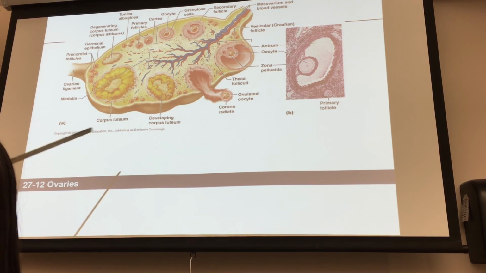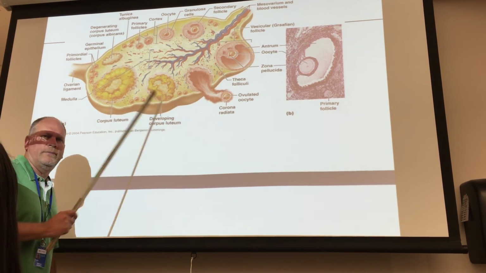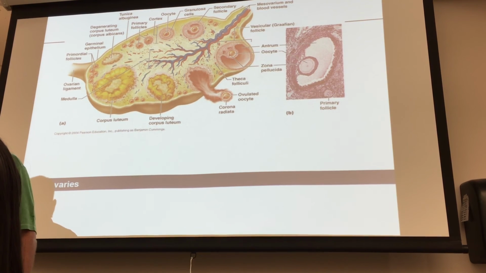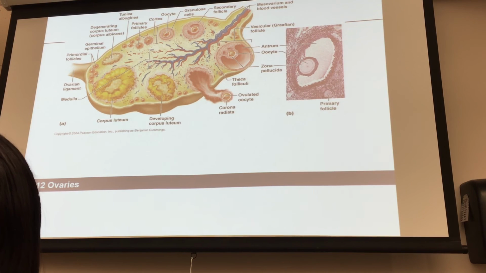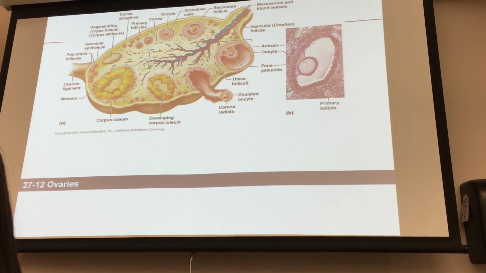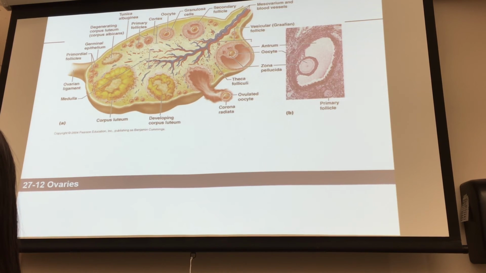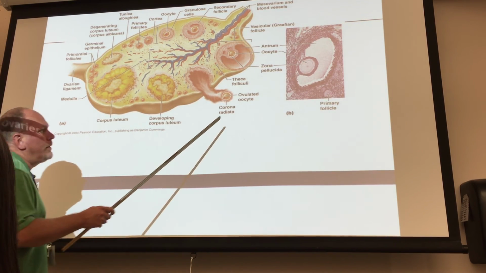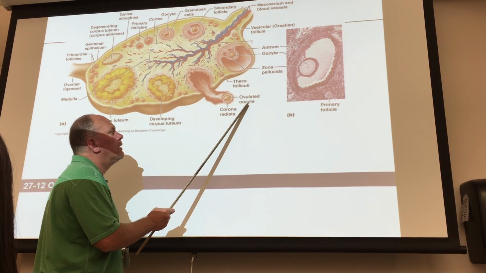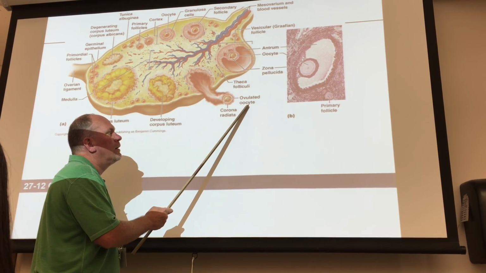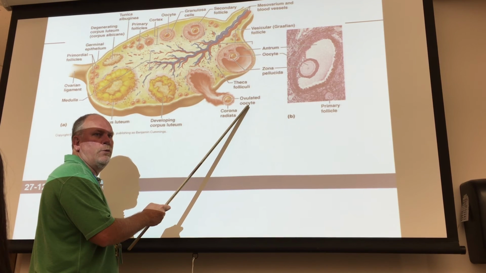What's the chemical cue that will maintain the corpus luteum until the placenta comes in? HCG. That's what HCG is. That's our chemical cue that maintains corpus luteum. Good. How many chromosomes are here? 23.